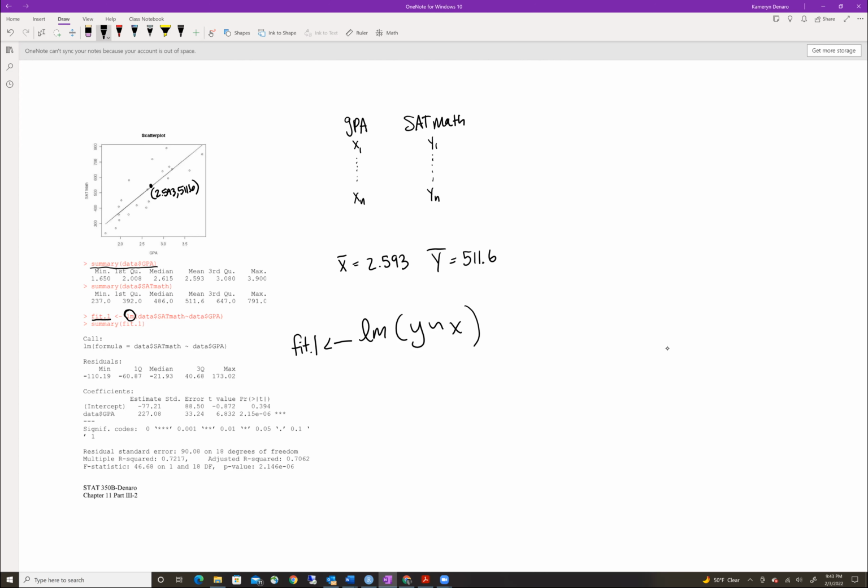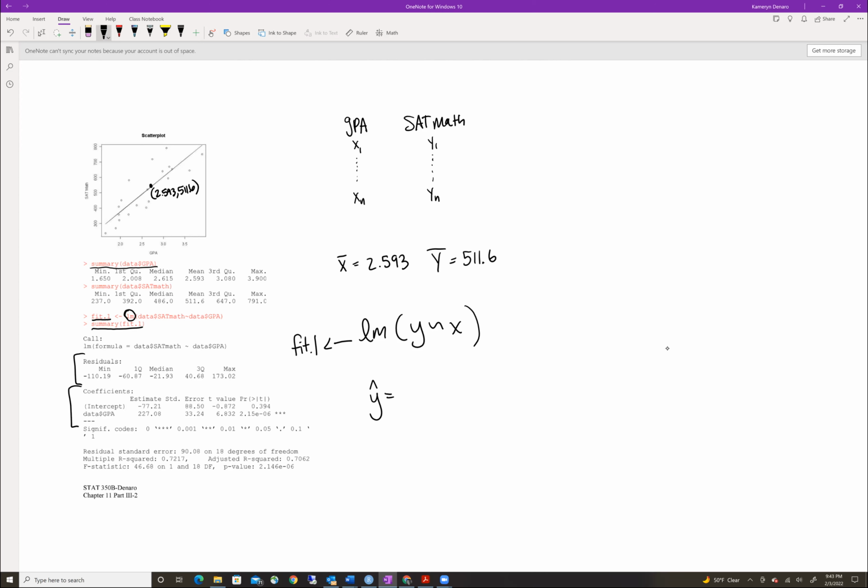All right, after that, I can ask for a summary of the fit.1. And what that gives me is a lot of different things. We get the range of our residuals, the 5-number summary for our residuals. We get the coefficients. That's great because that tells us Y hat.